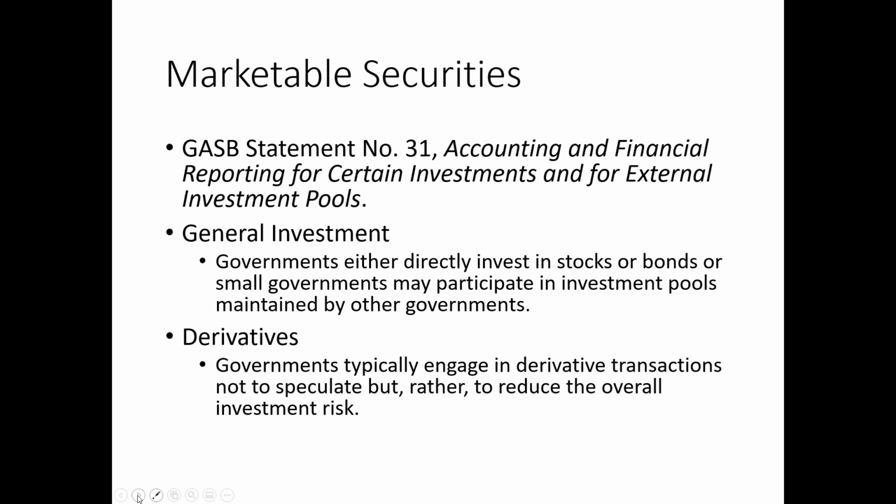Marketable securities. So we'll move to the investment part. Marketable securities, GASB 31. Basically, this is a rule for marketable securities. General investment. Governments either directly invest in stocks or bonds, or small governments may participate in investment pools maintained by other governments. So we do see a lot of investment by government.